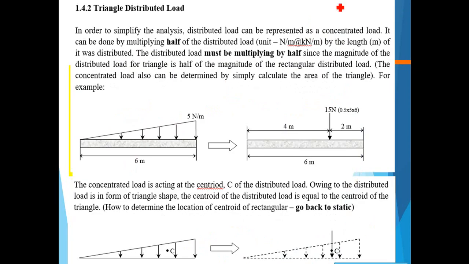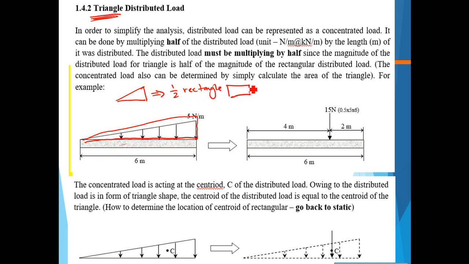Then we have the second type of distributed load, the triangle distributed load, which is here. A triangle means half of the rectangle.